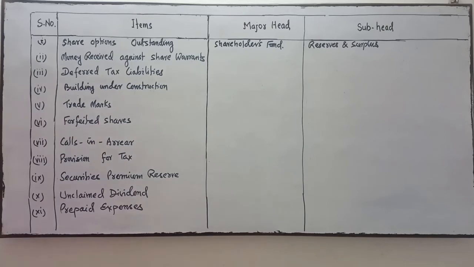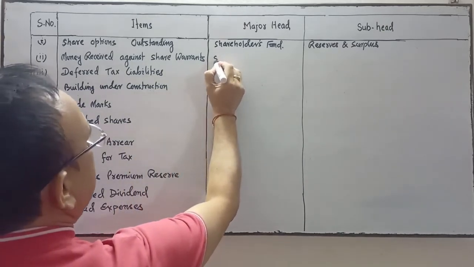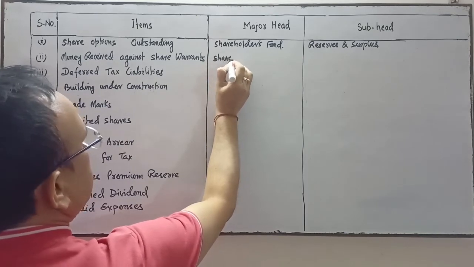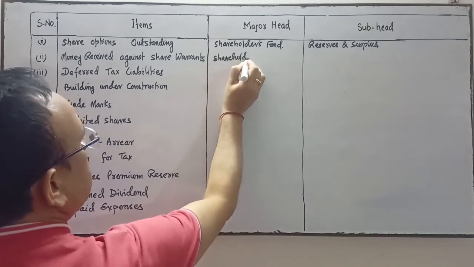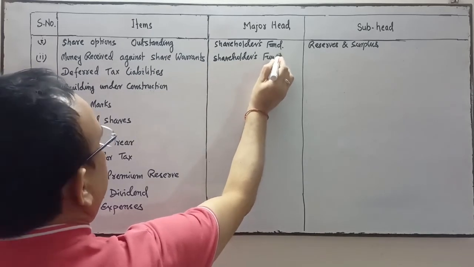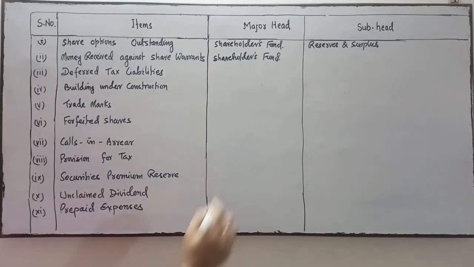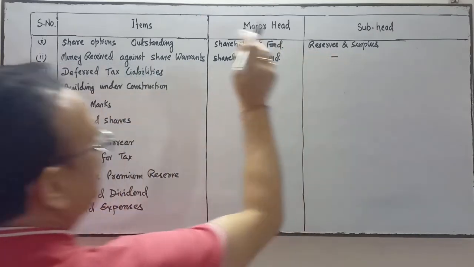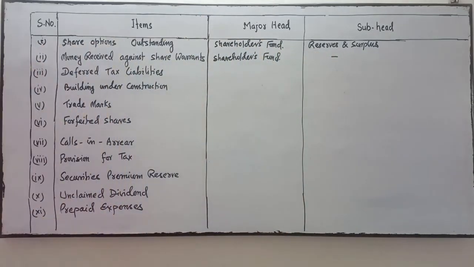Next is money received against share warrants. This will come under the shareholders fund. The major heading is shareholders fund. Okay, there is no subheading. It's a major heading, and under this there is no subheading. Next is deferred tax liability.